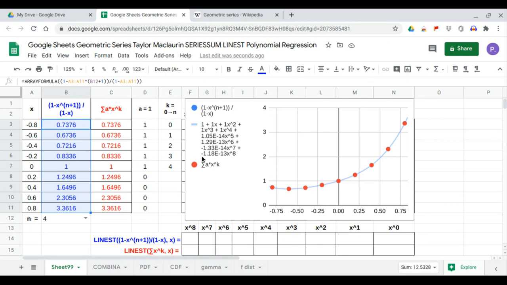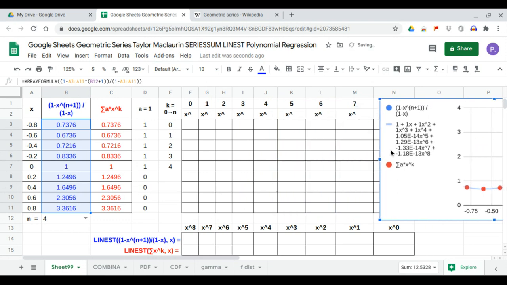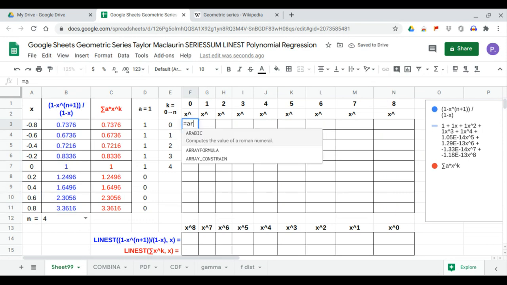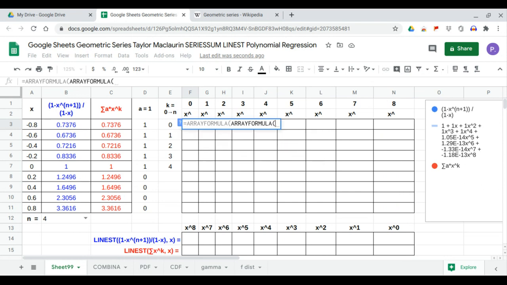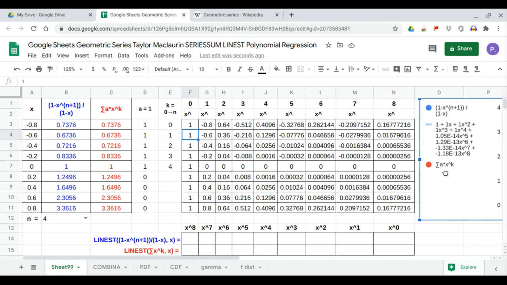Next, we use the LINEST polynomial regression to calculate these coefficients. So here we have an array formula of the x values to the power 0 to 8, because we generated a trend line to the 8th degree. Now we can use LINEST with data y and data x.